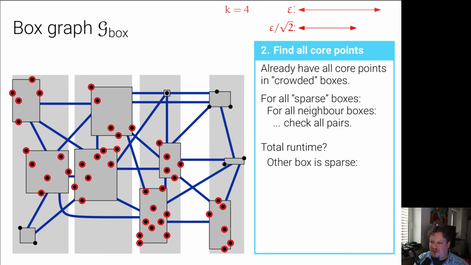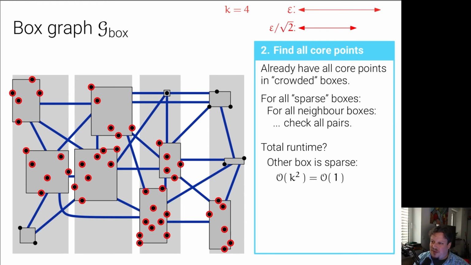Let's be careful here. So first of all, if the other box is sparse, so if I have this box and this other box, well, then that's completely fine. Why is this fine? They're both sparse, so they each have at most k points. So I have k squared pairs, and this is completely fine because k is a constant, so k squared is also a constant.